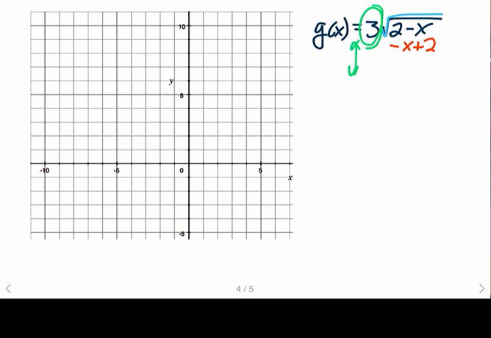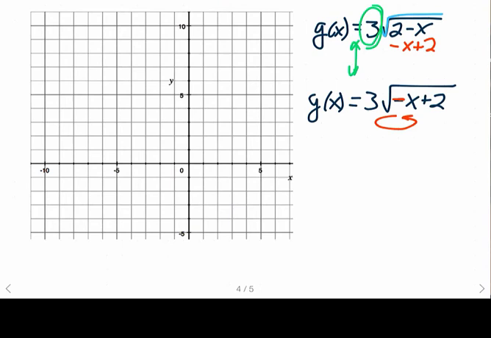So I'm going to rewrite the function here. G of x is equal to 3 times the square root of negative x plus 2. And I remember from a couple of examples ago, the negative in front of the argument is going to have the effect of reflecting about the y-axis. But don't be tempted right now to try to figure out any horizontal translation.